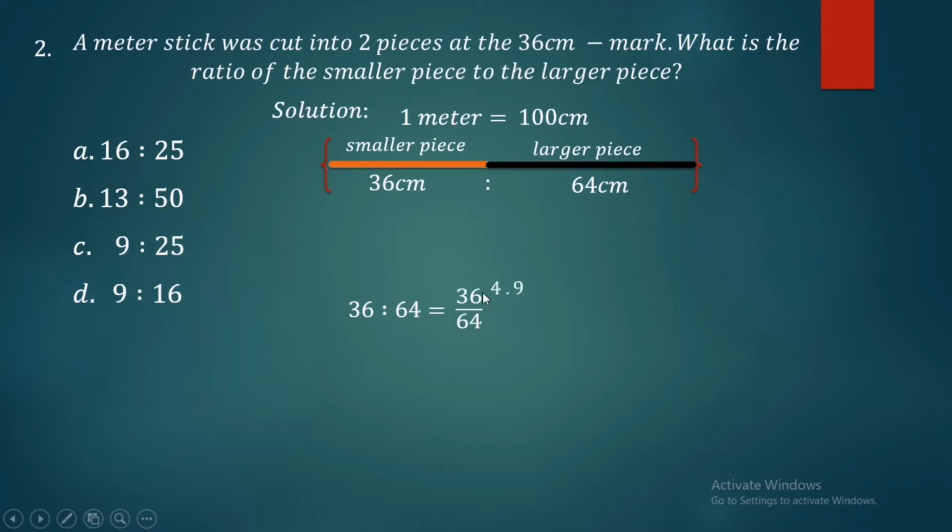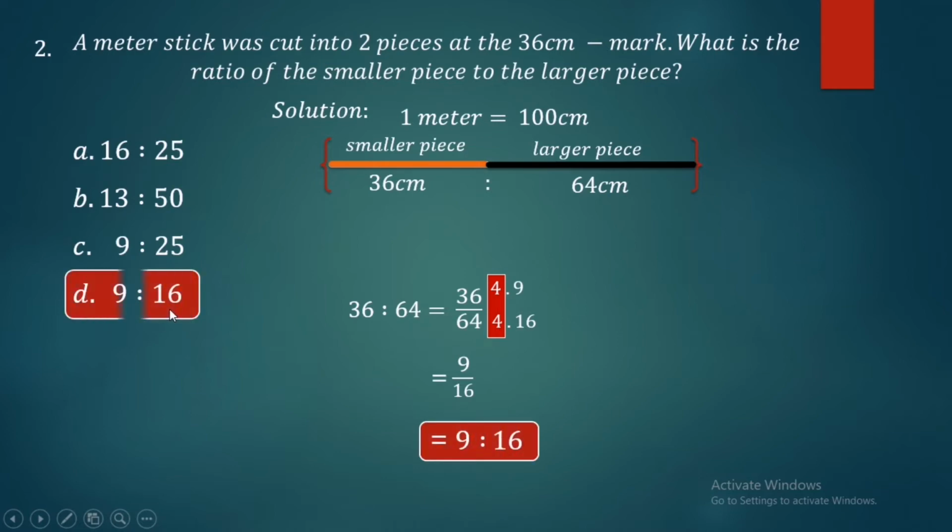Then we factor 36 as 4 times 9, and 64 is 4 times 16. Then we cancel the 4. Then the answer is 9/16. 9/16 can be written as a ratio, 9 is to 16. So the answer is letter D.